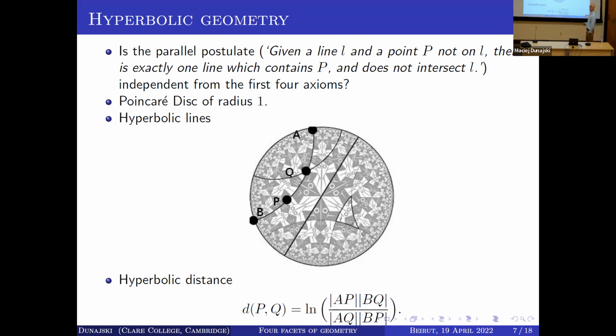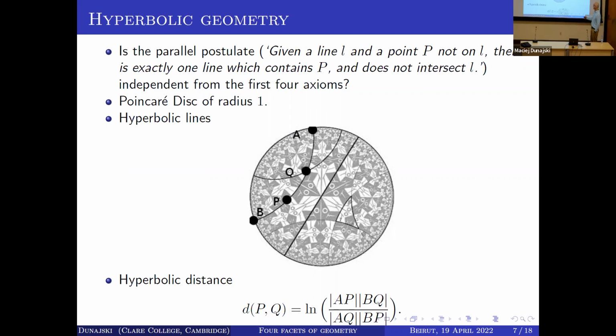Now, two things can be shown, and one of them I'll show in this mini course I'm giving here. You can show that the hyperbolic lines, which I define, circles and diameters, have a property of minimizing this distance. It's far from obvious, but it's true that if P and Q are points, and that's the distance between these points, then the path of the shortest distance is one of these circles.